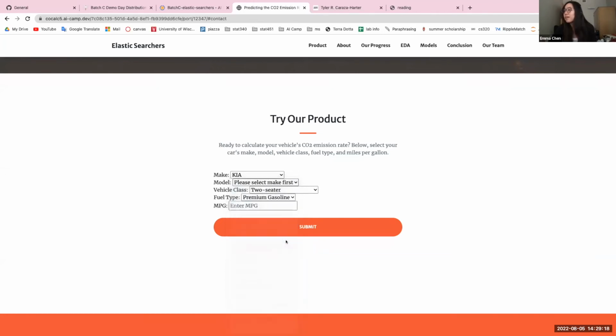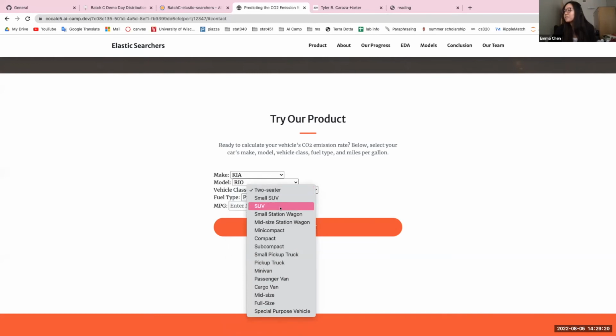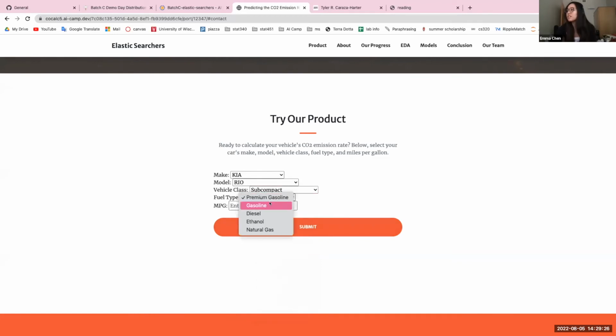Yeah. Okay. It's a subcompact. Subcompact. Okay. How about the fuel? Gasoline. Miles per gallon, probably about 24. Okay.